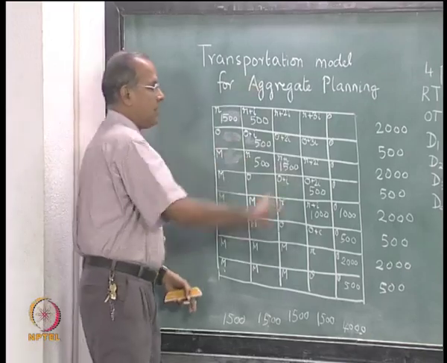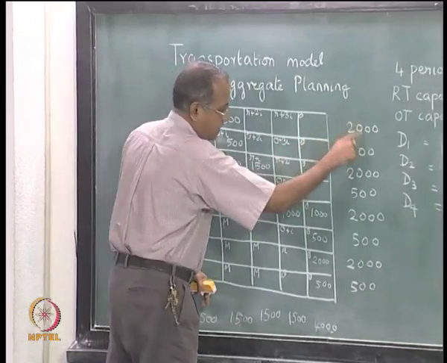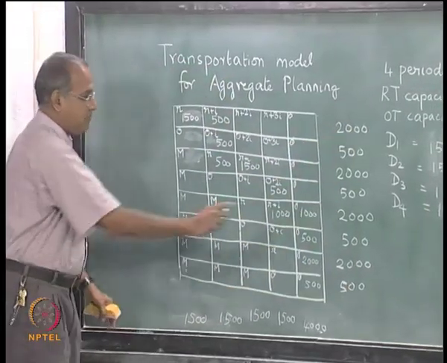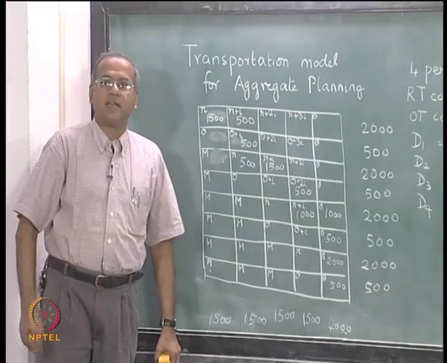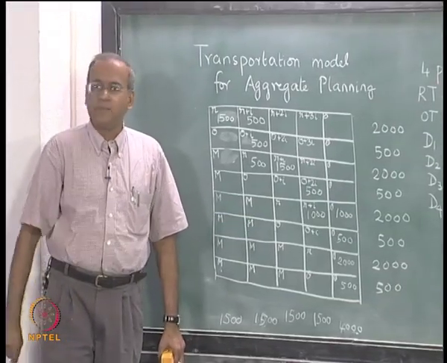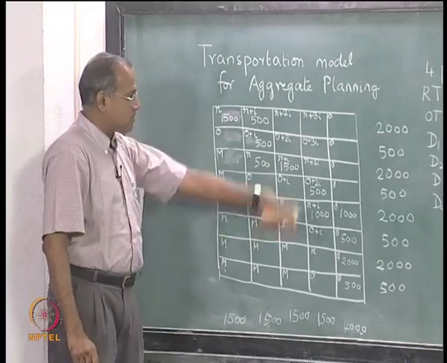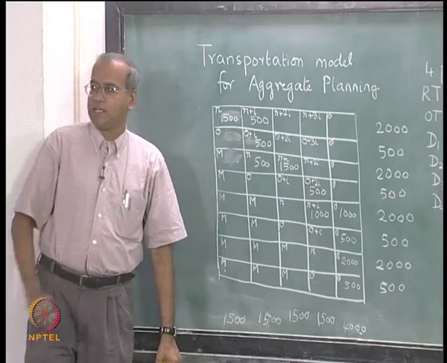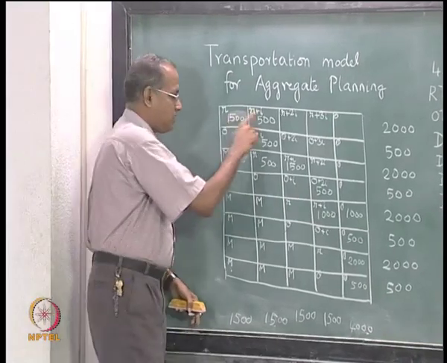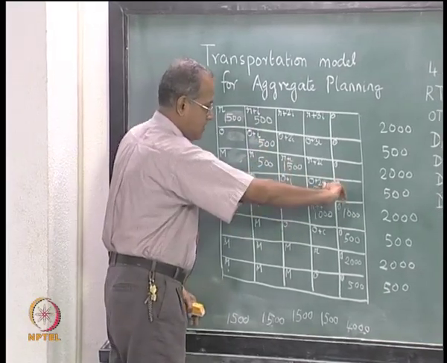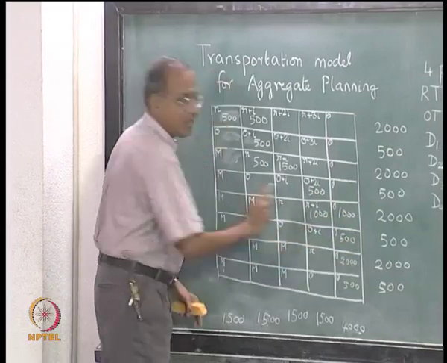So, in this particular example, we have 8 supply points and 5 demand points. So, we have 13, 8 plus 5 is 13, m plus n minus 1 is 12. So, the basic feasible solution should have 12 allocations. Now, let us see: 1, 2, 3, 4, 5, 6, 7, 8, 9, 10, 11 allocations we have.